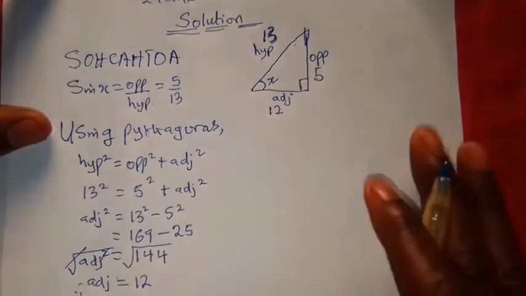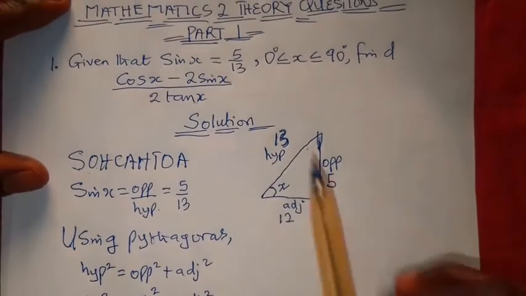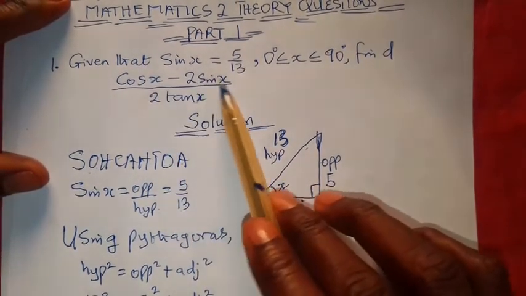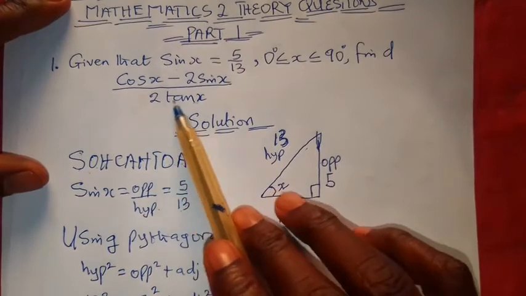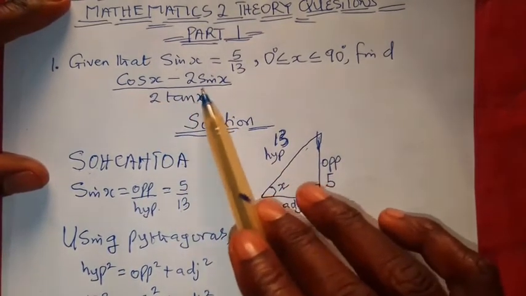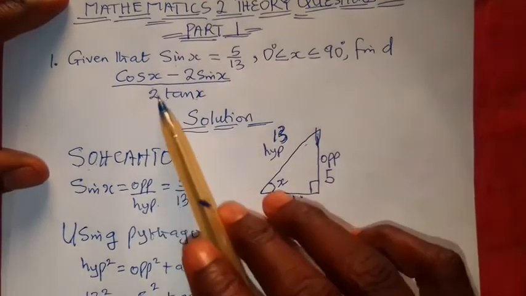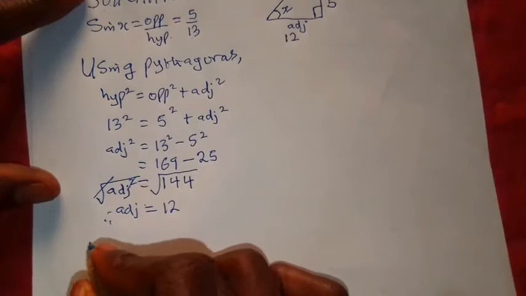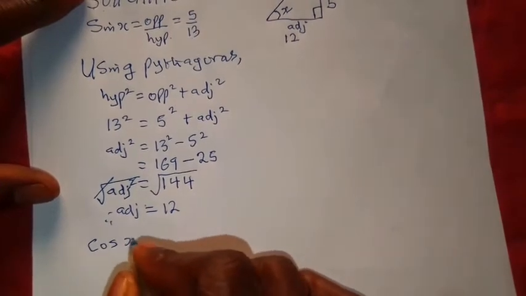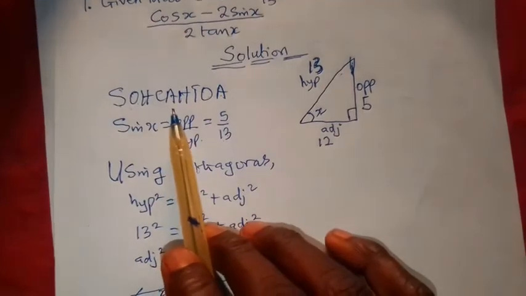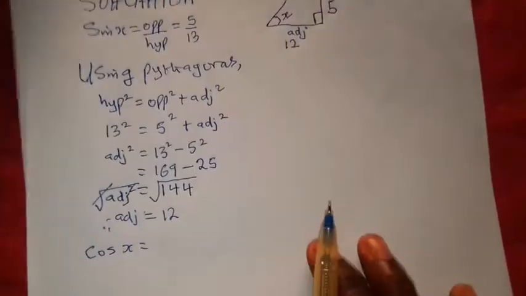Now we needed to do this so that we can be able to get the ratio for cos x, 2 sine x, and 2 tan x. So what we are going to do now is to get the respective ratios for these, and then we can solve this problem. Now for our cos x, we know that cos x is adjacent upon hypotenuse.